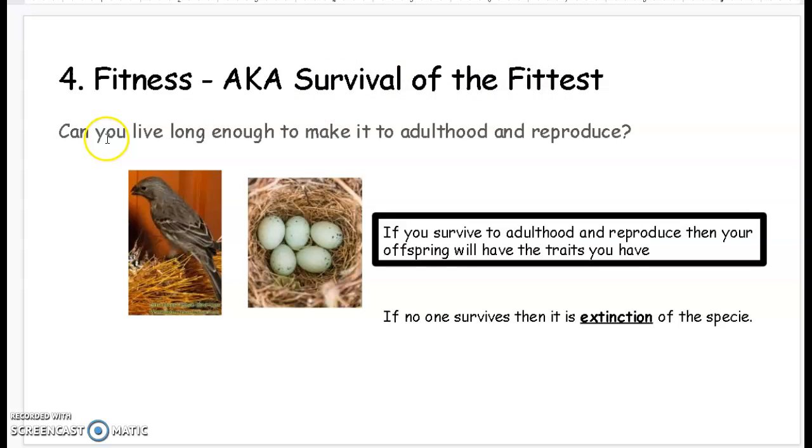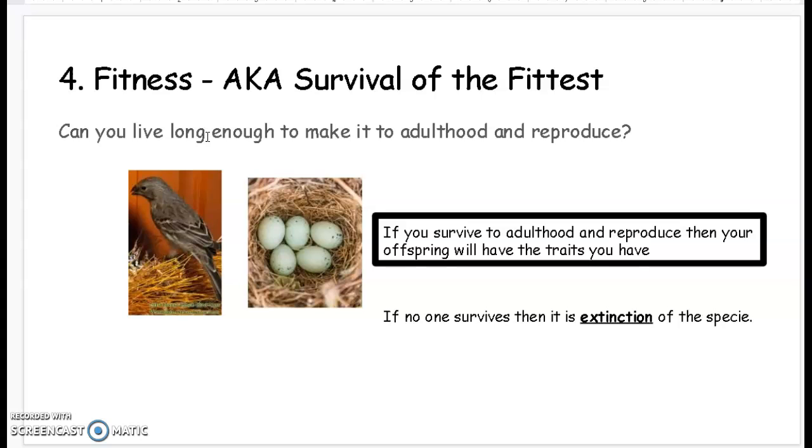Then finally, fitness, also known as survival of the fittest. Can you live long enough to make it to adulthood and reproduce? This is the end game. You need to survive from a baby to an adult. Once you become an adult, that means that the traits that you have are good enough to get you through to maturity.